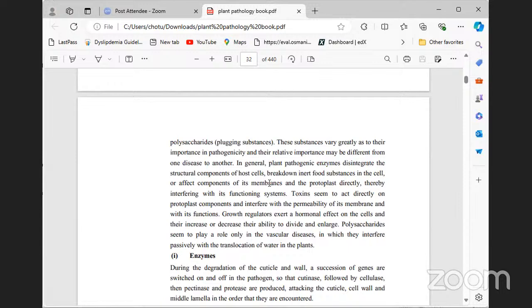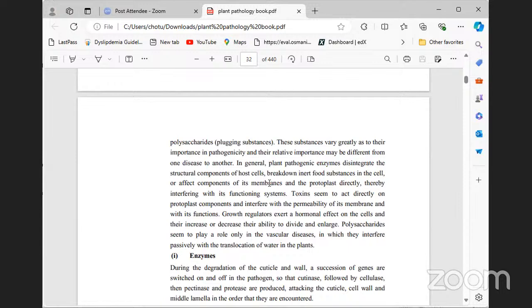In general, plant pathogenic enzymes degrade the structural components of the host cell, break down inert food substance in the cell, or affect compounds of its membranes and the protoplast directly, thereby interfering with its functioning systems.